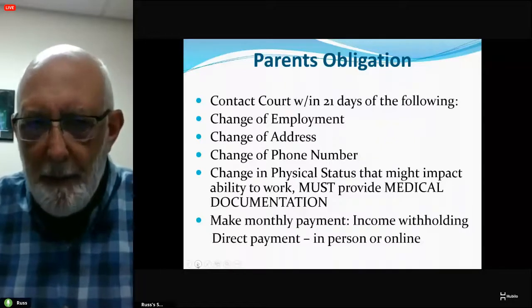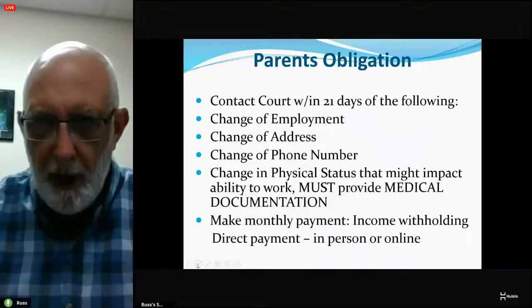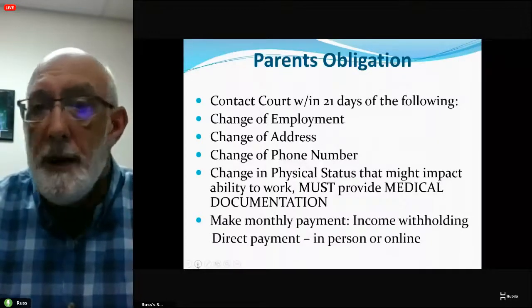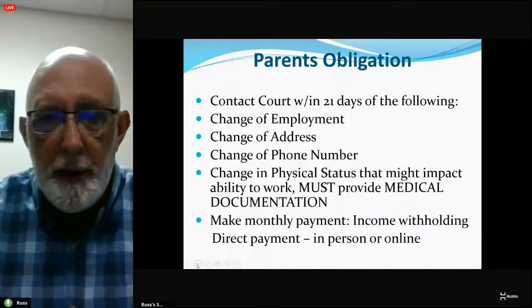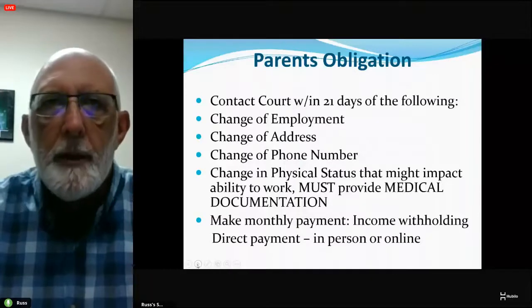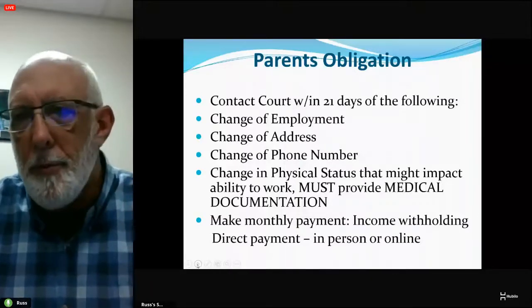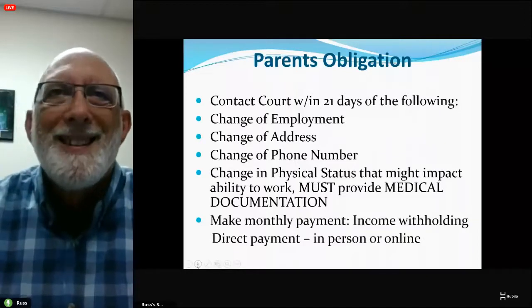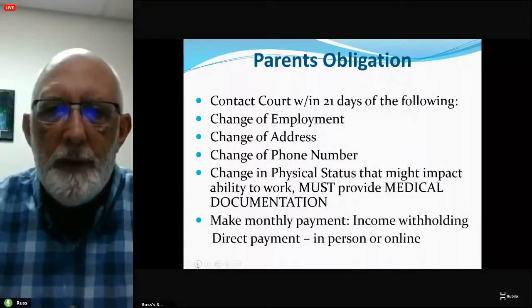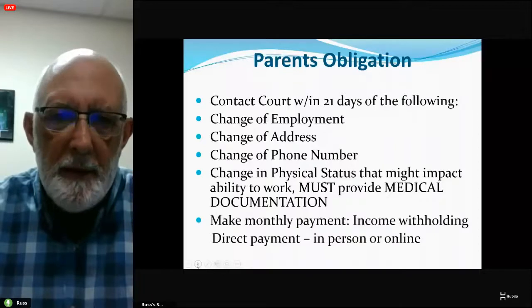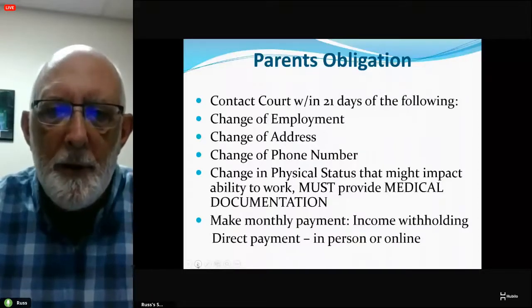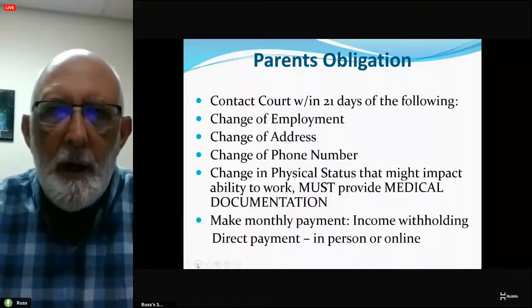I have to make a payment each month. If there's income withholding, that's great. The court and my employer can collaborate and work together so that the child support payments automatically come out of my check. It's still my obligation, though, to make sure that the amount that is coming out of my check equals the amount that is ordered by the court.